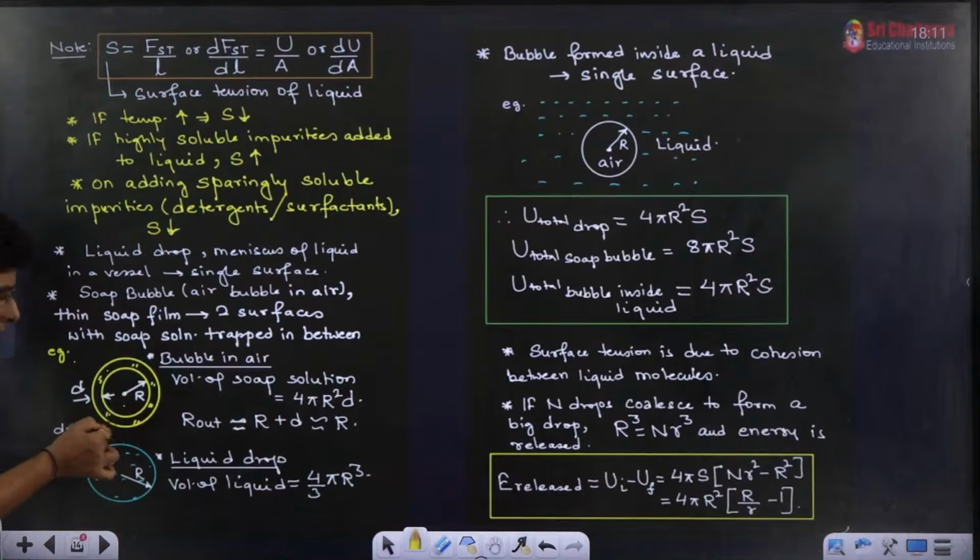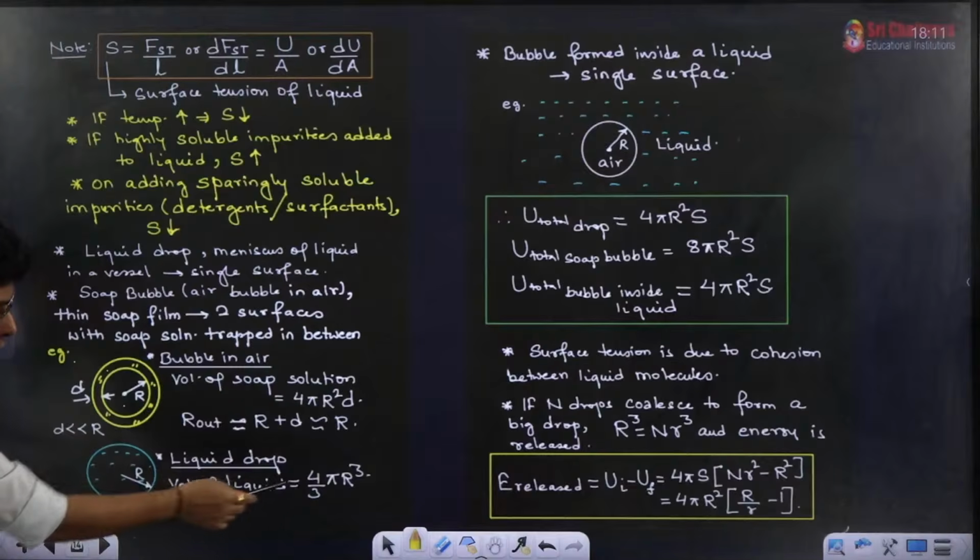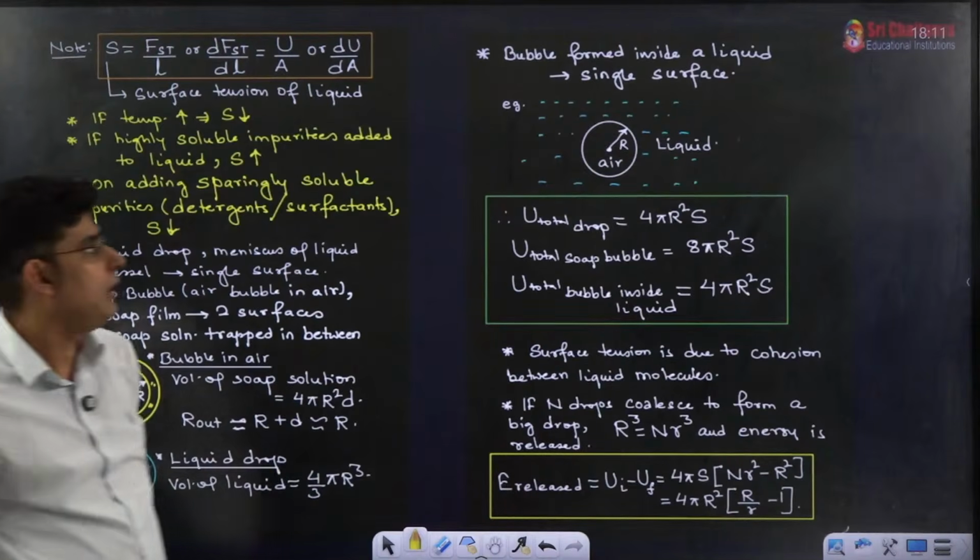The soap solution volume is surface area 4 pi r square into thickness, approximately 4 pi r square d, and the outer radius, which equals the inner radius r plus thickness, we approximately take as r only because d is very, very small. Whereas when we have a liquid drop, the liquid entirely occupies the volume, so it is 4 by 3 pi r cube.